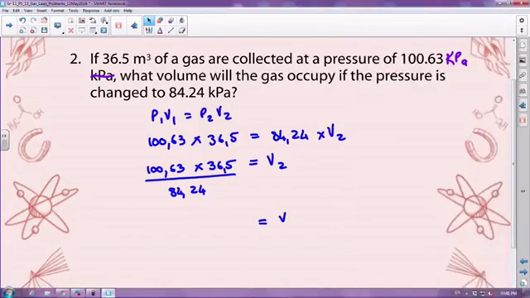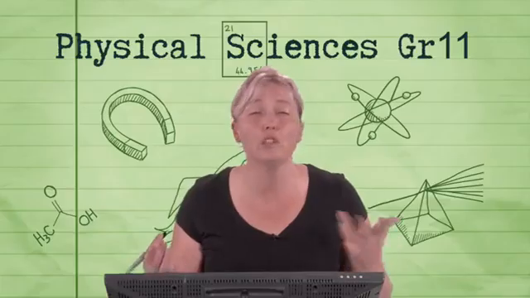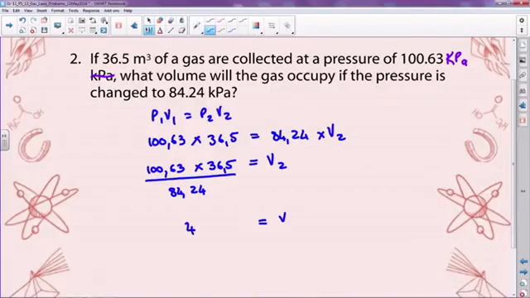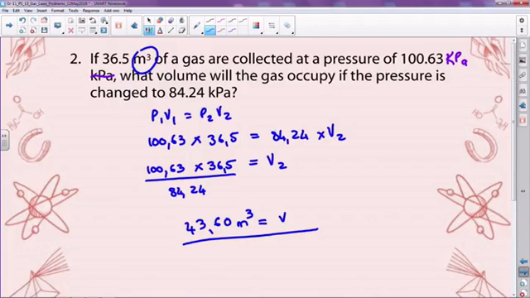Okay, so depending on what your teacher requires in terms of rounding off, it's usually to 2 decimal places, but we have to check. 43.601, so it's going to be 43.60, and my unit is meters cubed. Okay, that's what we had originally. Okay, good. Well done. I think you're doing nicely with that one.